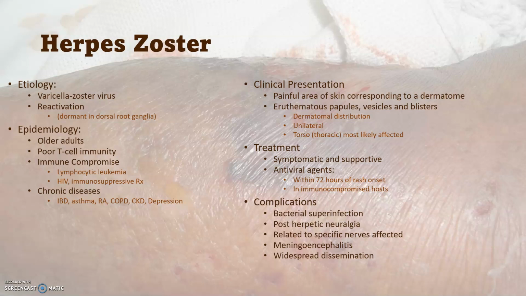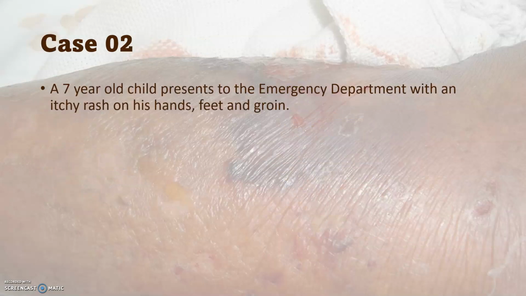In Ramsay-Hunt you get facial nerve palsy. With herpes zoster ophthalmicus you can get corneal ulcers. You need to read up on those things. Patients may develop meningoencephalitis, and as I said before, you can get widespread dissemination in immunocompromised patients.